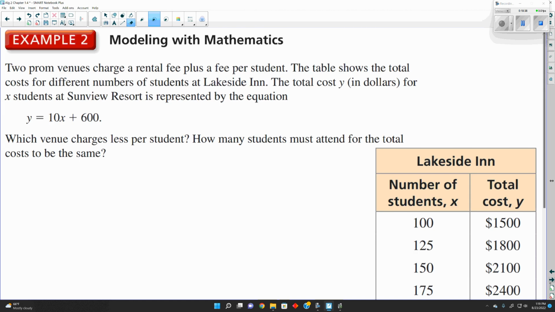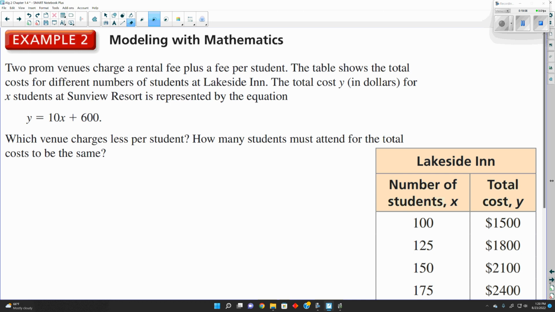So the last problem we're looking at is this. This is modeling with equations, looking at two equations and referring back and forth to them. How do they compare to each other? Now, two prom venues charge a rental fee plus a fee per student. So we have our starting value, our y-intercept, and then our slope, because the amount they charge per student is the slope. The table shows the total cost for different numbers of students at Lakeside Inn.